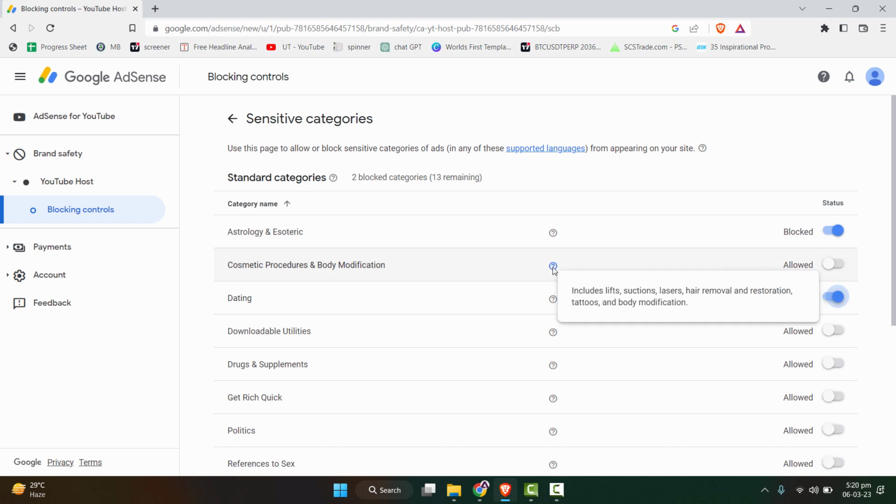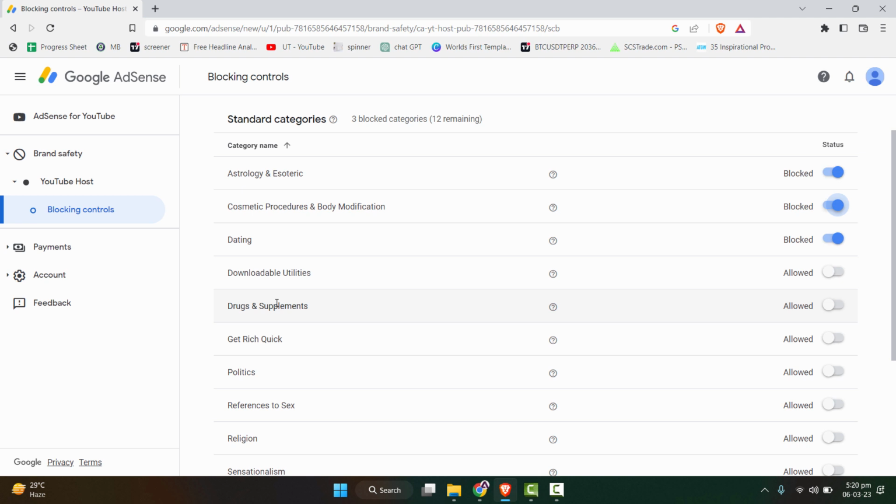If you feel that it is okay, you can allow that, otherwise you can restrict that. For example, this is a major category, and what comes under it you can check in the question mark, including lifts and lasers, hair removals, and tattoos and modification. So if you feel that some of the categories are not right, you can block that as well if you want.